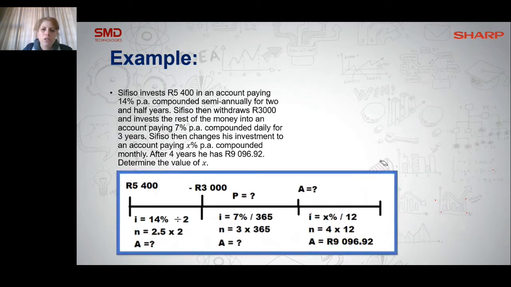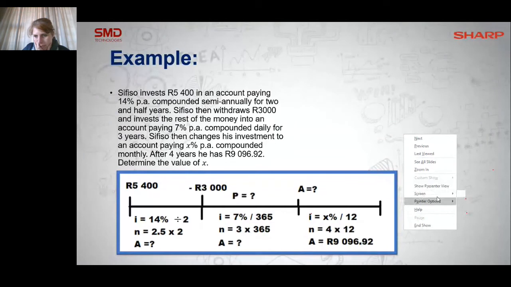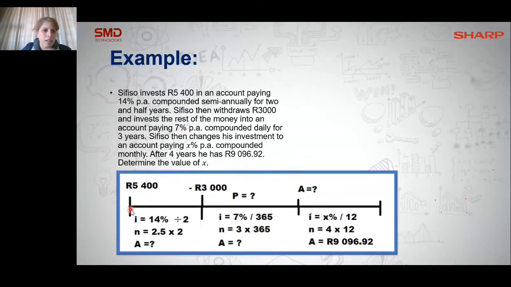Okay, so here we can see what I've actually done, but I've done it neatly for you, so you don't have to stress about my handwriting. And then I filled in what's missing. So here we have the initial P value, and we're looking for A. Then we need to find our initial P value, which we can get from finding A and subtracting 3,000 Rand.